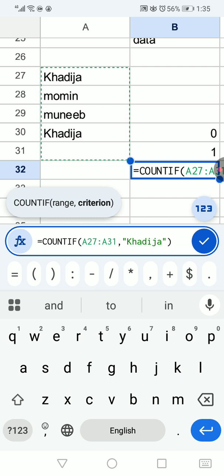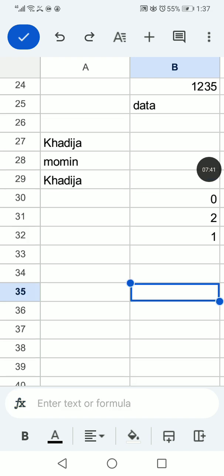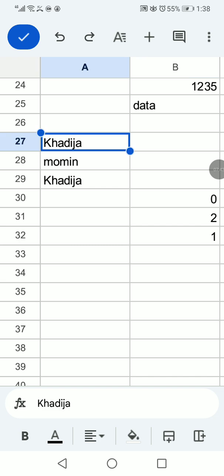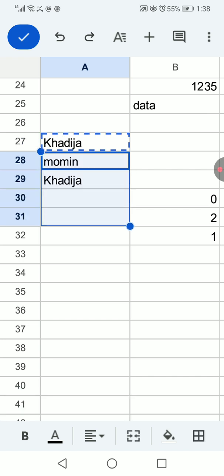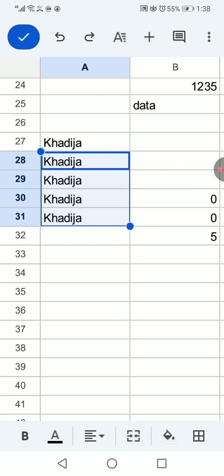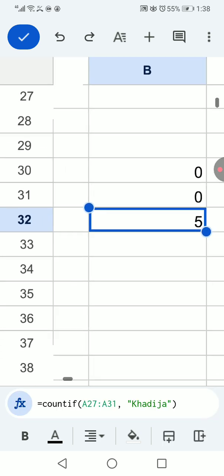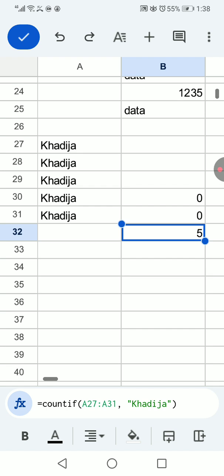Okay, so in this way, once again you can see I'm going to change it. Here only one Khatija was present, and now I have put Khatija all over. So 1, 2, 3, 4, 5, and over here you can see your result has been altered. So it would count how many times Khatija is present over there.